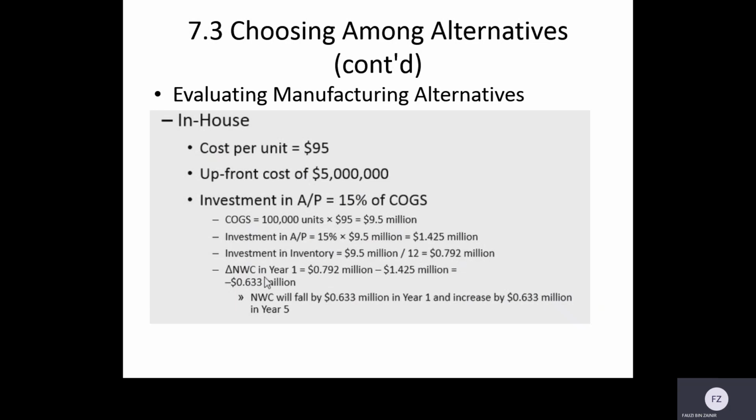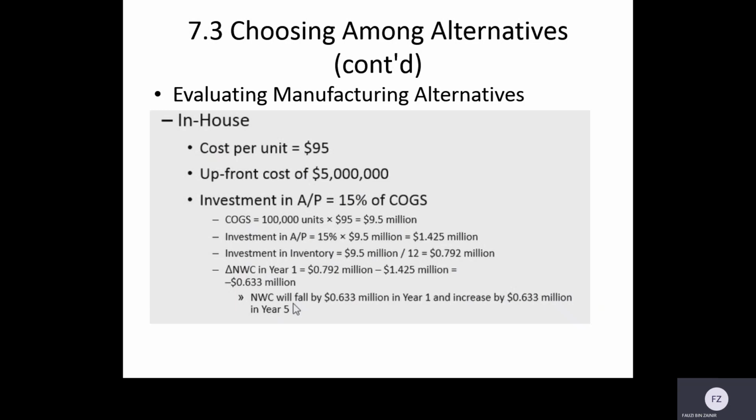So for each year, the net working capital is basically your current asset minus your current liability. Your current asset is the inventory, which is 0.792 million here, minus your current liability, which is the payables, the number you derived here, 1.425 million. So you have 0.633 million. So you would have reflected here in year one as an absolute figure 0.633 million.